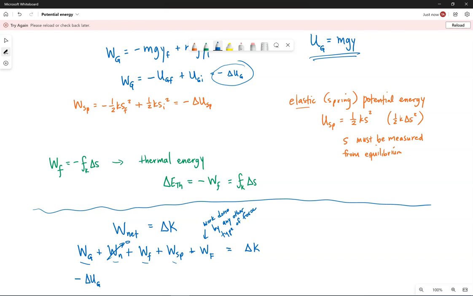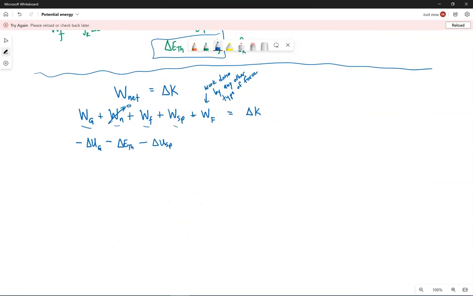Work done by friction, so coming up here, work done by friction is going to be negative delta E thermal. The work done by friction is creating thermal energy, but the negative sign just means it's coming out of the system, essentially. Work done by a spring, well, we can talk about a spring in terms of potential energy as well. So negative delta U for a spring. That covers all of those.